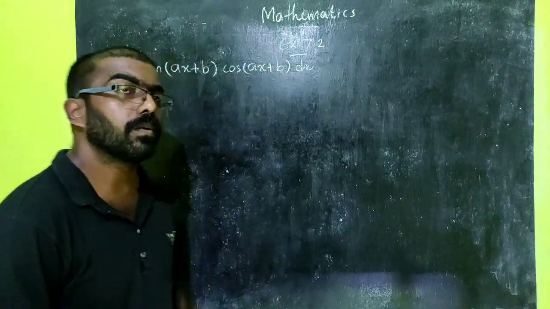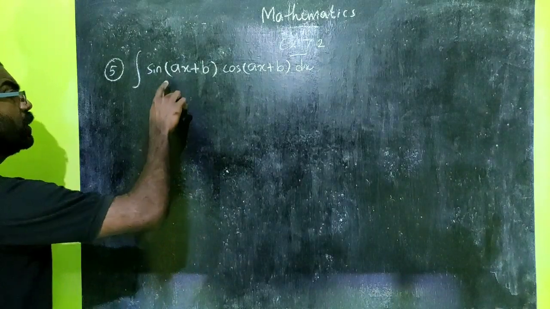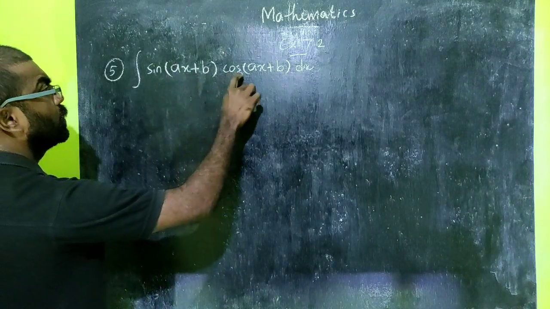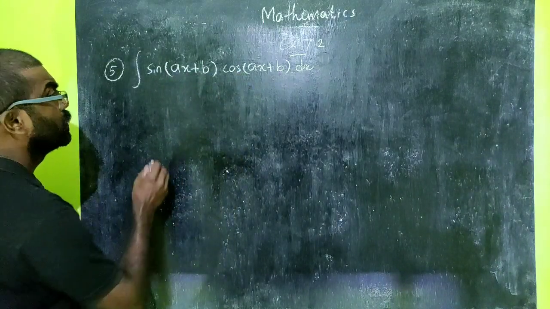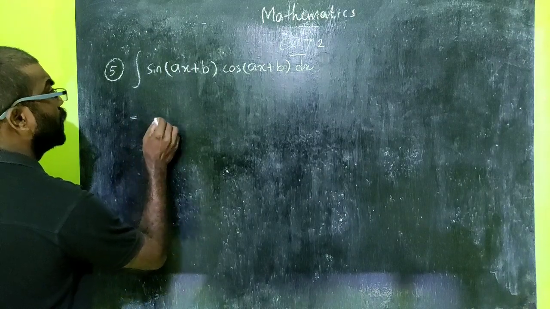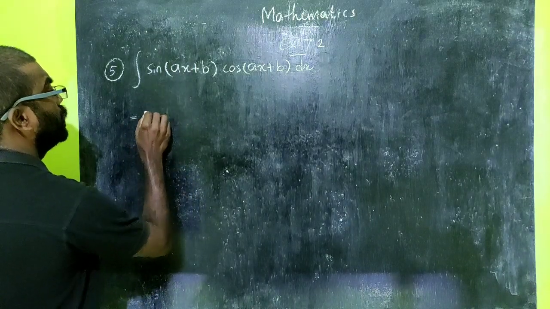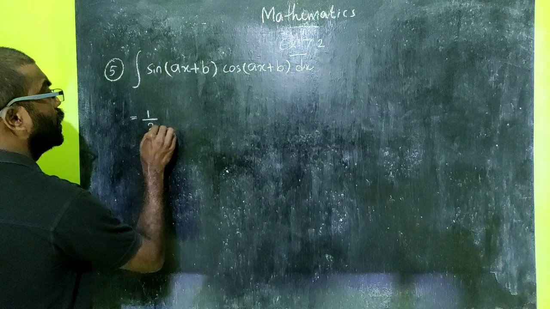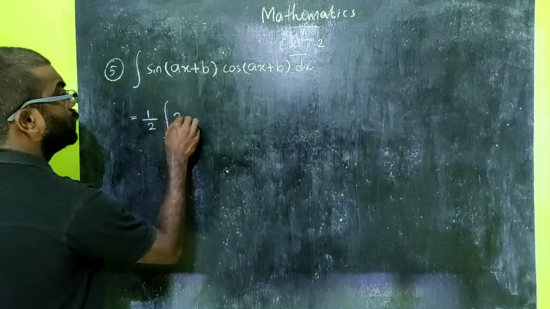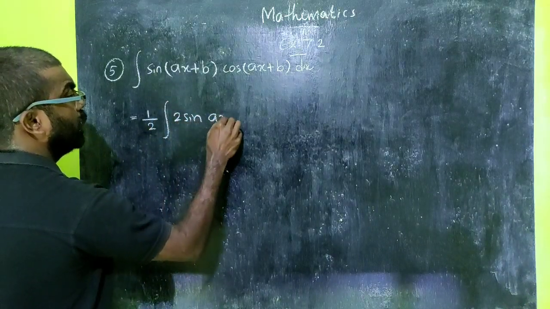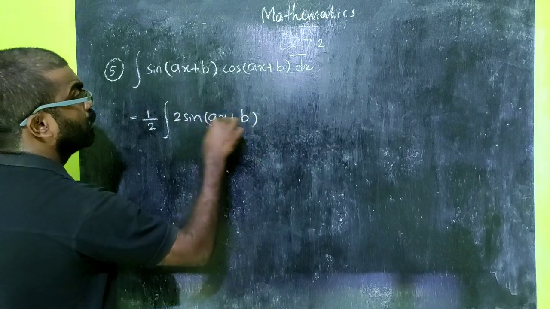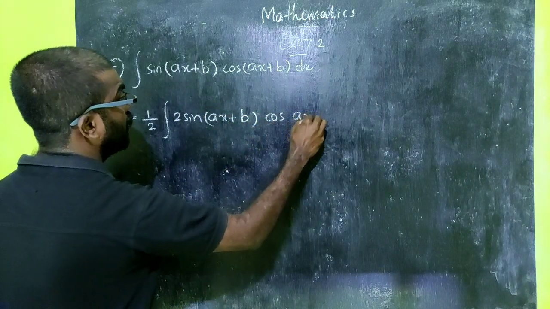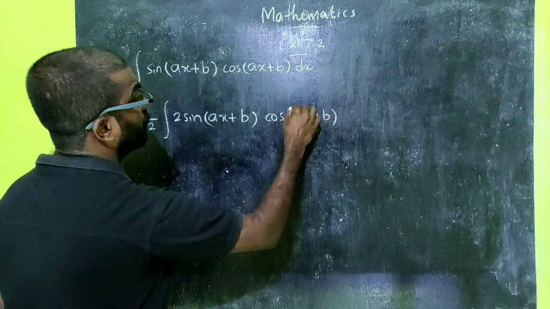Now we move on to question number 5. Integral sin(ax plus b) into cos(ax plus b) dx. First of all, we can multiply and divide by 2. So 1 by 2 into 2 sin(ax plus b) cos(ax plus b) dx. Okay.